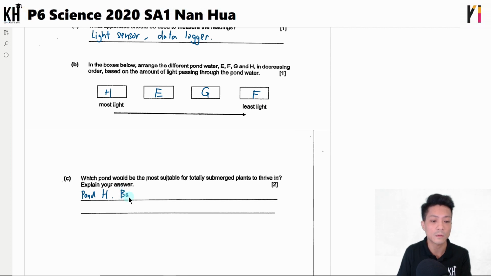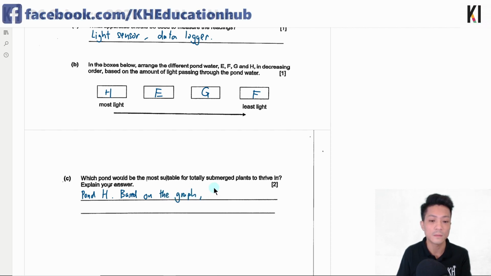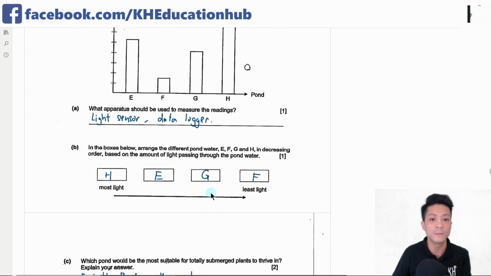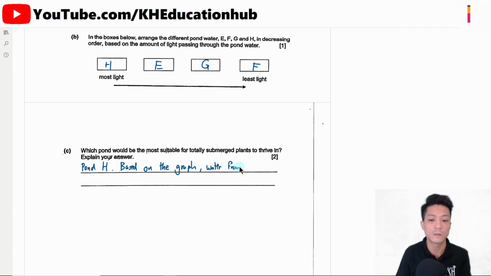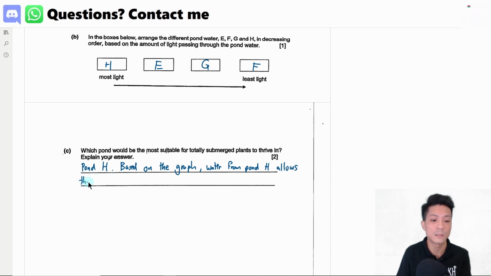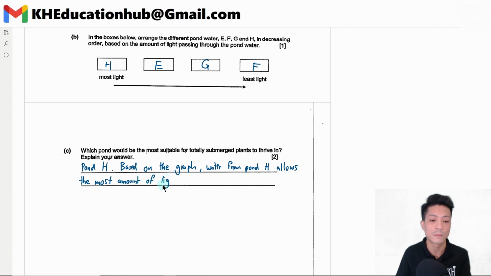So, based on the graph, water from pond H allows the most amount of light to pass through.